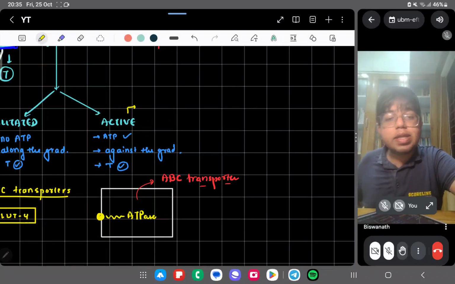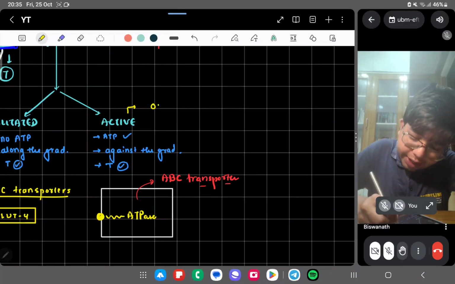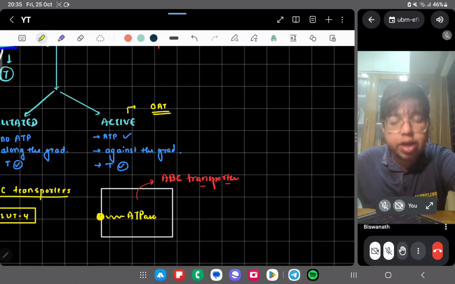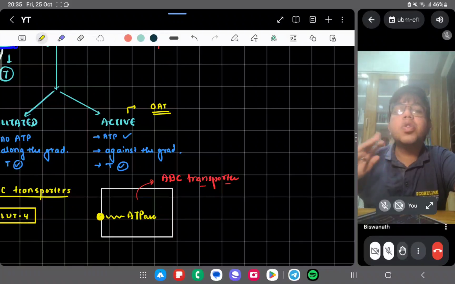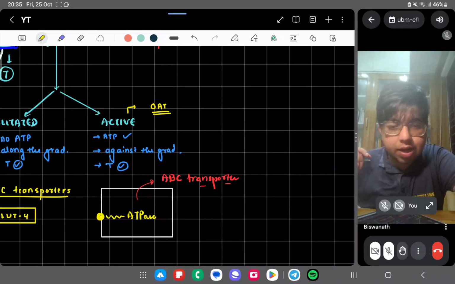Okay, so what are the examples of active transport? We have something called the OAT transporter, organic anion transporter. Just for your reference sake, via this OAT transporter, two very important drugs go inside.